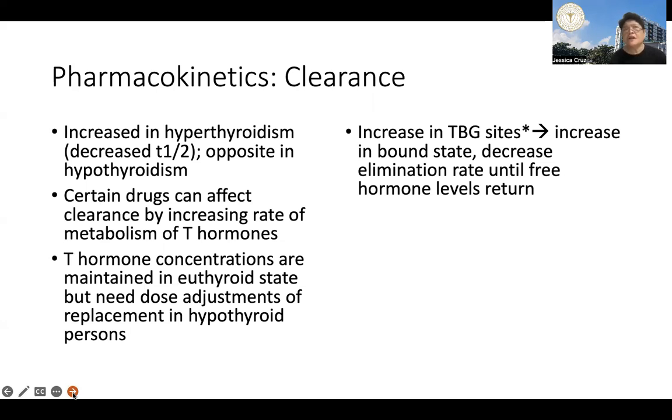So these are drugs like rifampicin, some of your anti-epileptic drugs like phenobarbital and carbamazepine, some tyrosine kinase inhibitors, and some of your protease inhibitors which you use for the treatment of viral infections or HIV.